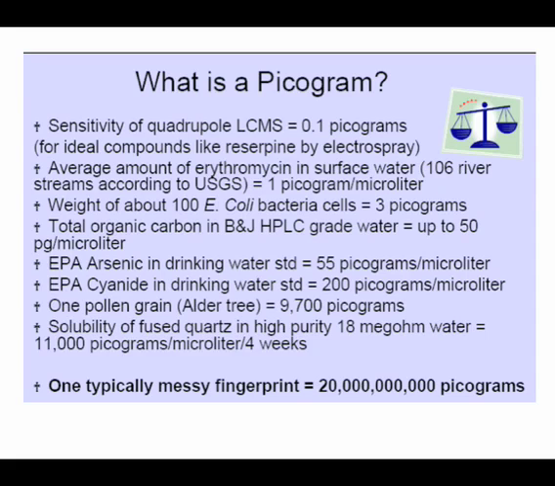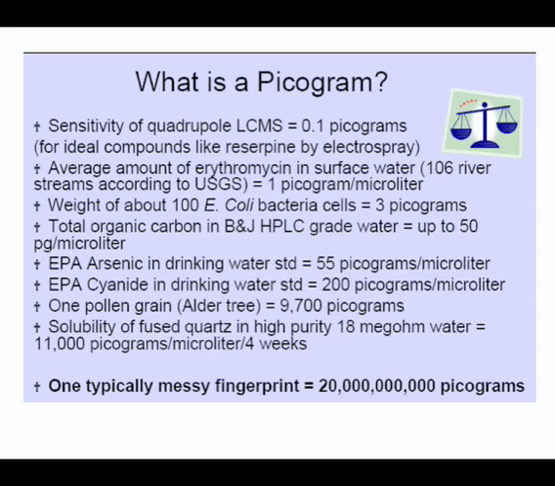I'm saying all this because, for example, here we have a definition of picogram. Perhaps you know, or you have forgotten, picogram is the 12th part of the unit of the gram, 10 to minus 12. The sensitivity of quadrupole LC-MS is 0.1 picogram.